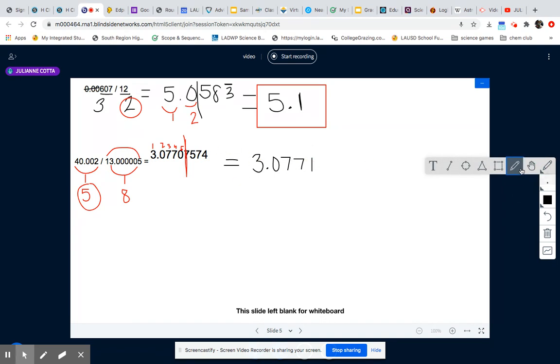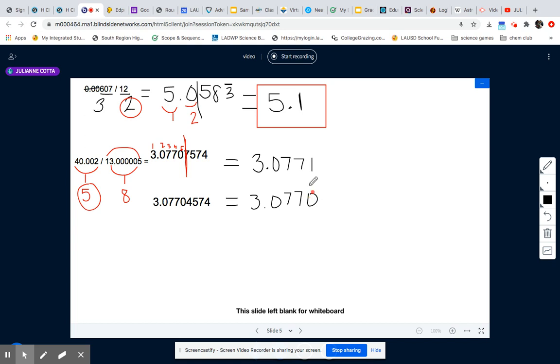If it was not 7 or higher, so let me do a devil's advocate one, let's say it was 3.07704 instead. In that case, we would not round up, we would round it off. And the answer would be 3.0770.